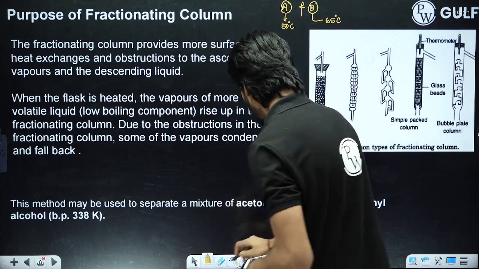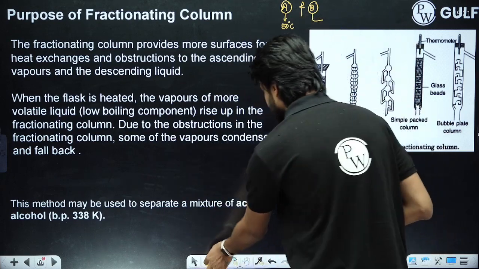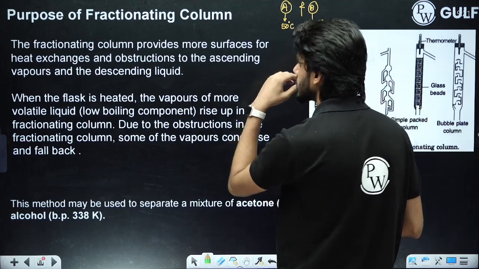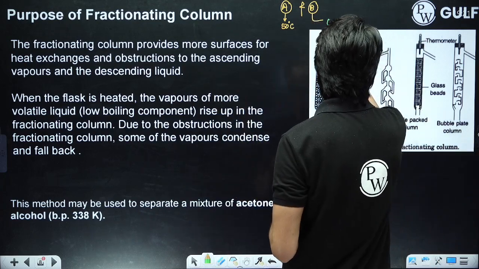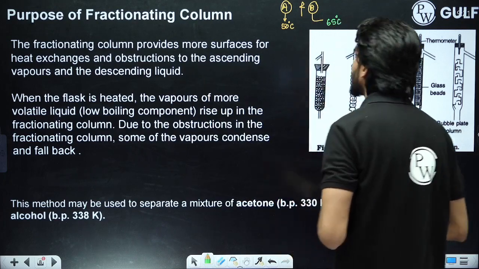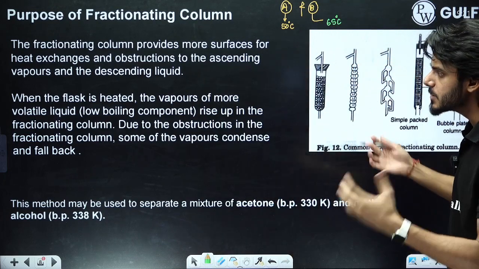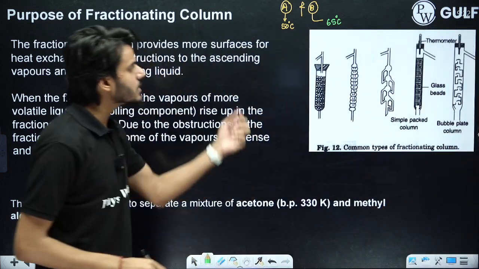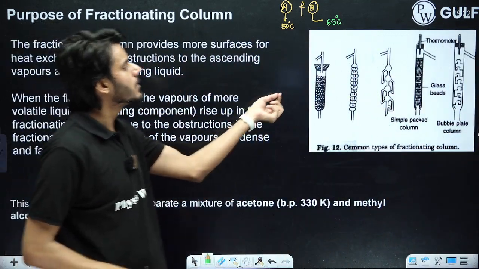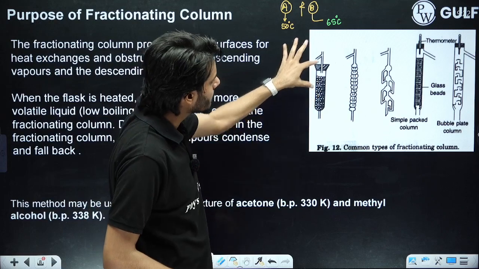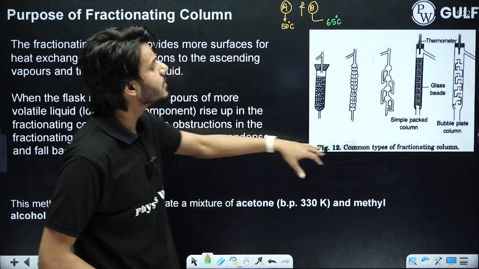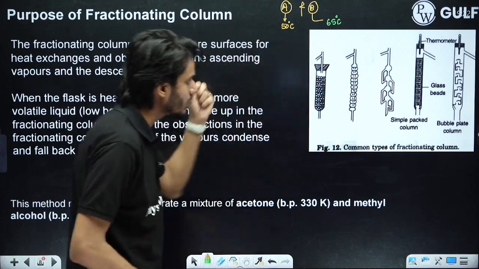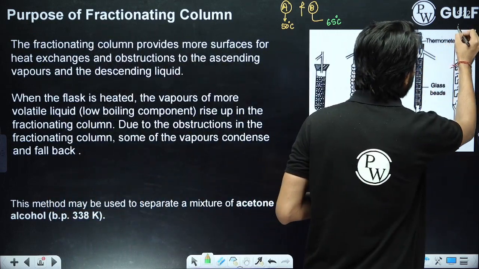You have heated both of them together because they are a miscible mixture. They are two miscible liquids. And now you start heating the miscible mixture of these two. Now let's look at this. The fractioning column is nothing but a column like this. You will have a tube having obstacles from bottom to top. Let's understand with this fractioning column.